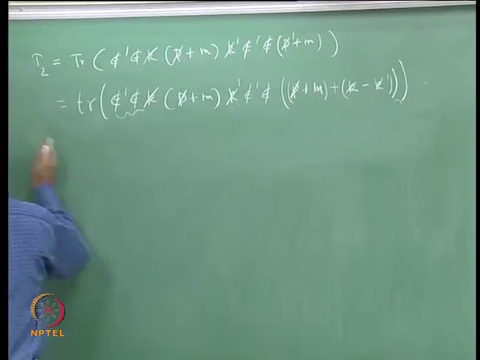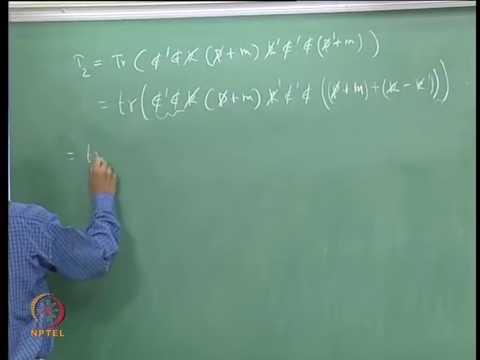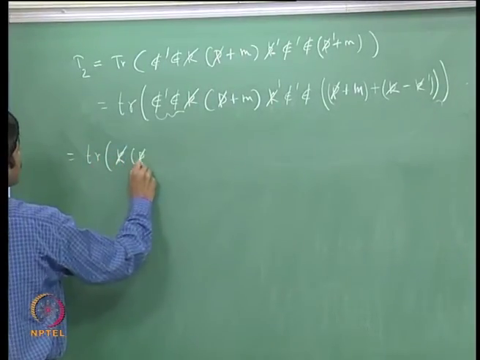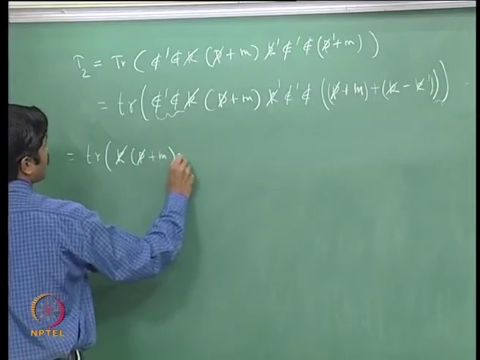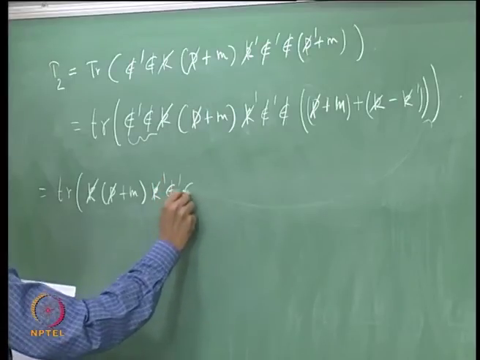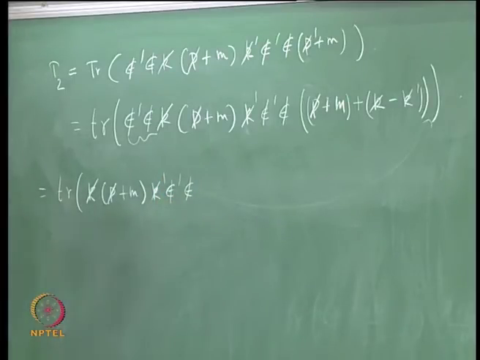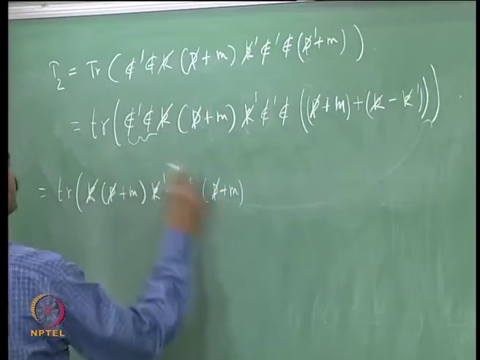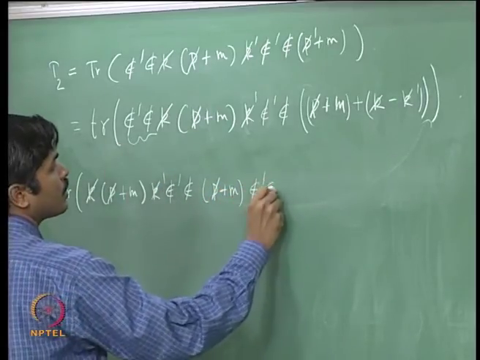So, when I do that, I get trace of K slash, P slash plus M, K prime slash, epsilon prime slash, epsilon slash, and then P slash plus M, epsilon prime slash, epsilon slash.